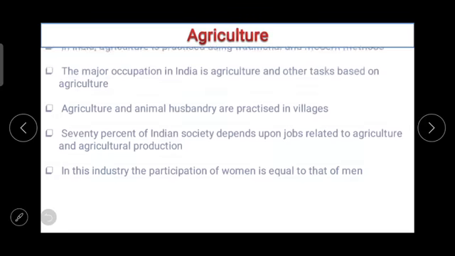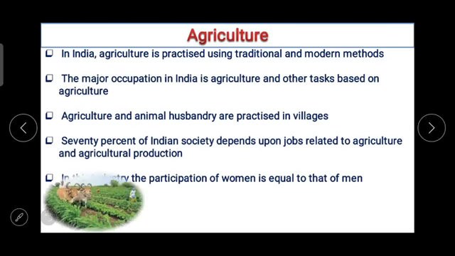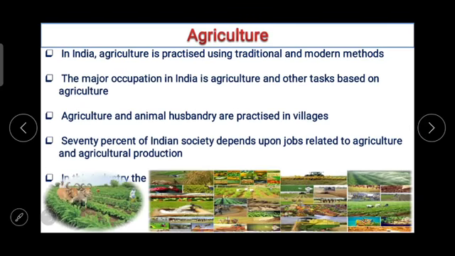agriculture. As we know, our country is an agrarian country. We are directly or indirectly dependent on agriculture. So, in India, agriculture is practiced using traditional and modern methods. In traditional, if we talk, then all the old methods using animals are there.